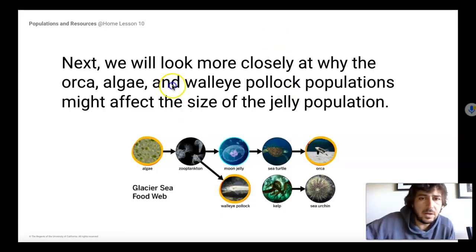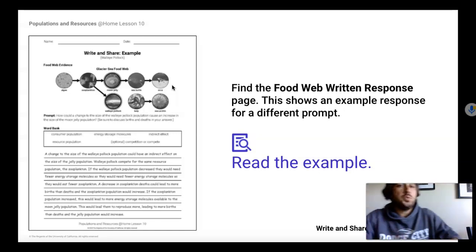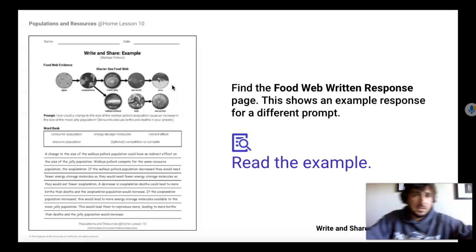On our next slide, we are going to start looking at the last thing that you're going to be doing today in class. Actually, there's two things that you're going to be doing today. Number one is you are going to wrap up your workbook.